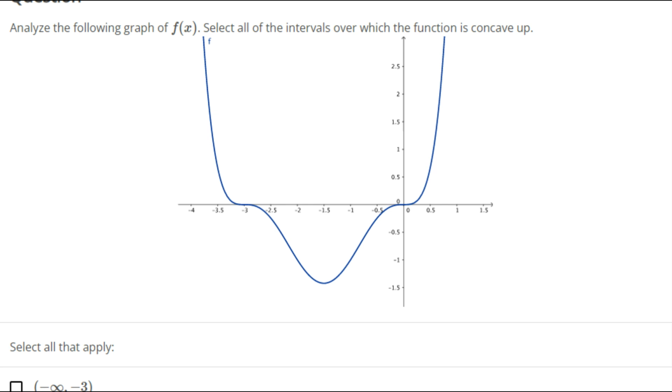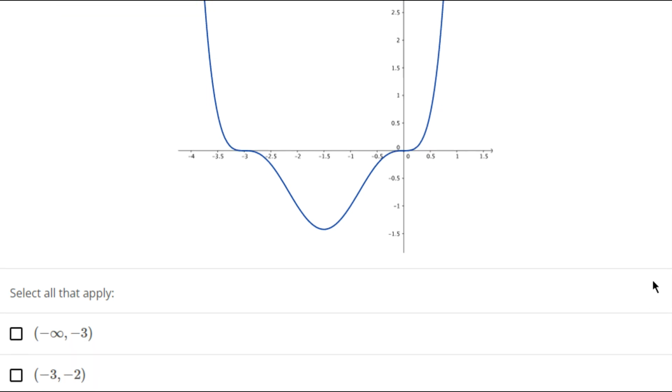Select all of the intervals over which the function is concave up. Okay, so that's going to be everywhere except at -3 and 0.